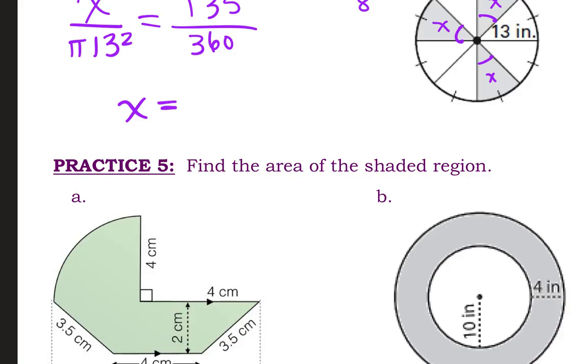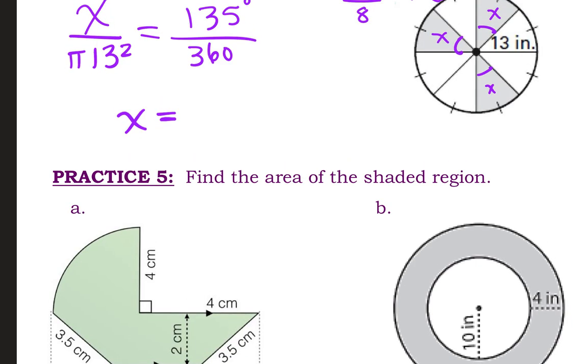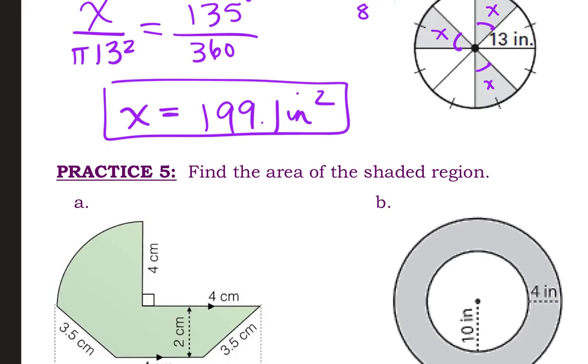What'd y'all get? $22.4? 199.1. 199.1. All right. Yeah, I'm just gonna start throwing random numbers at y'all and see if it's the answer.